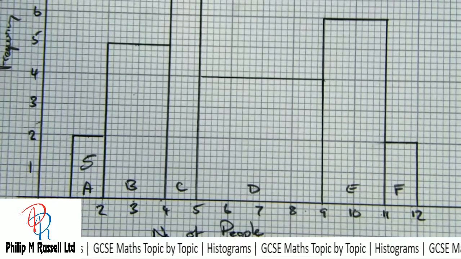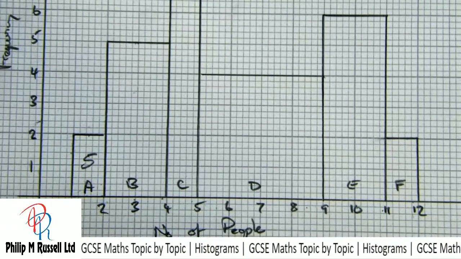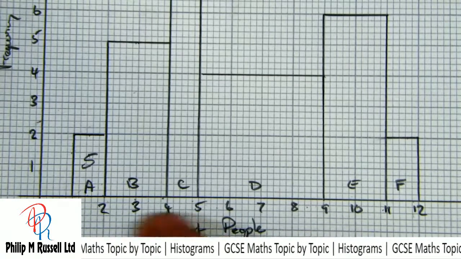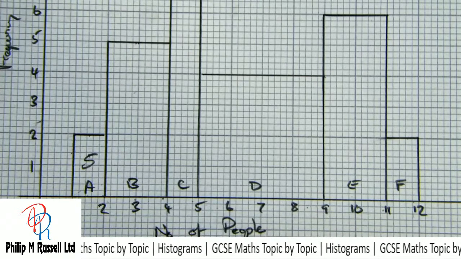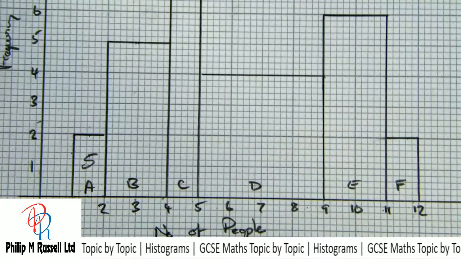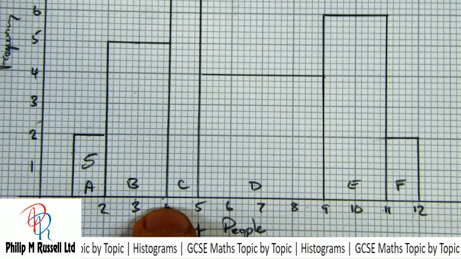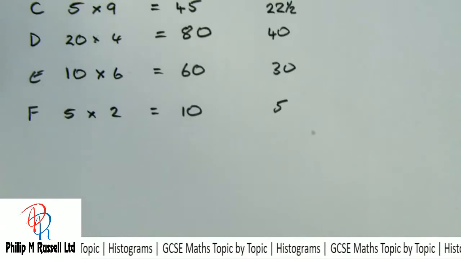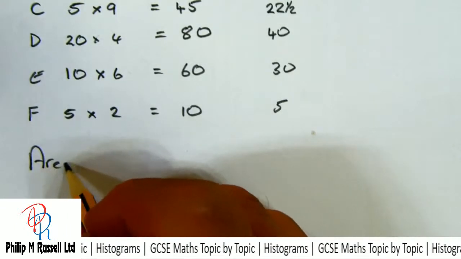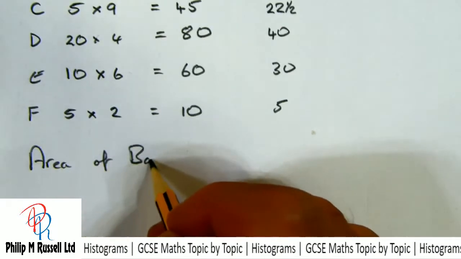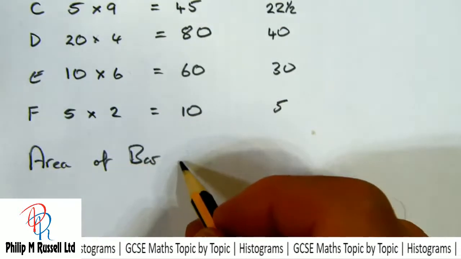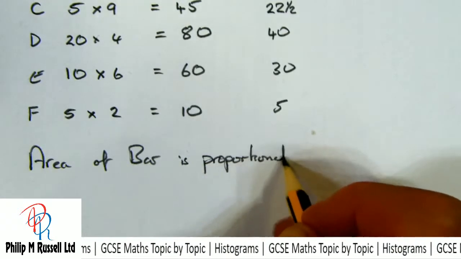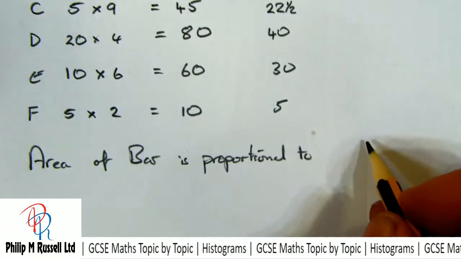So we need to know some things, that what we're measuring along here, this normally is a continuous piece of data, whatever it is that we're doing here. Could be time, could be all sorts of things. The area of the bar is proportional to the frequency. So important, I'm going to write that one down.